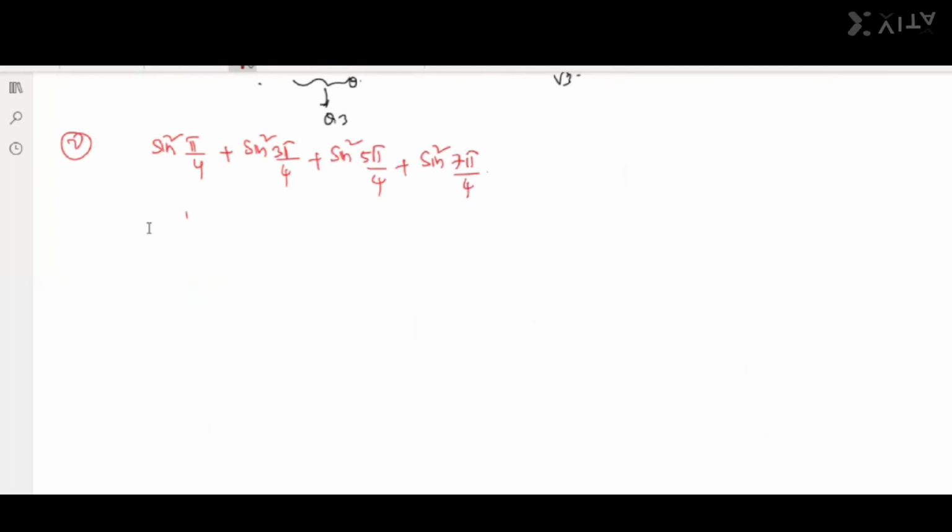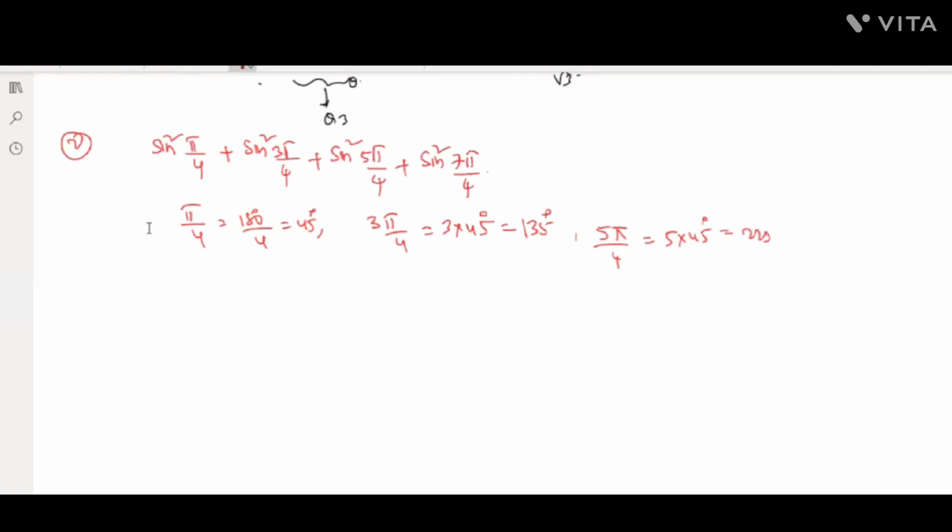Pi by 4 means 180 by 4, which is 45 degrees. 3 pi by 4 means 3 into 45, which is 135 degrees. 5 pi by 4 means 5 into 45, which is 225 degrees. 7 pi by 4 is 7 into 45, so 270 plus 45, which is 315 degrees.